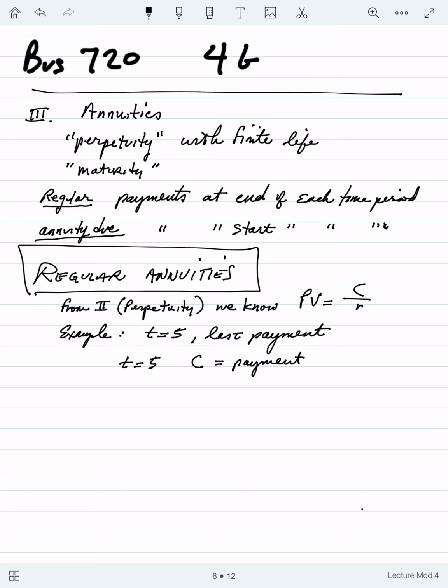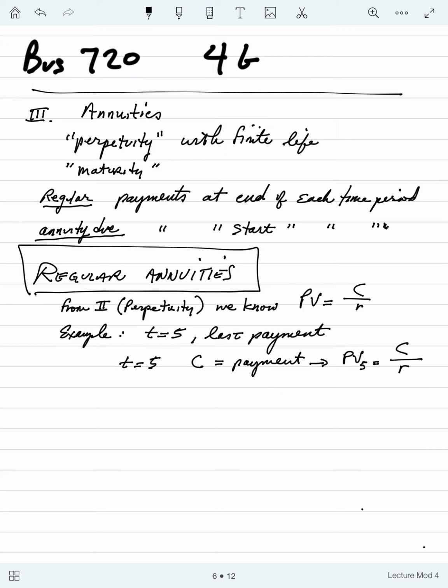What would be the present value at time period t equals 5 of remaining payments if the annuity continued without ever ending, if it was a perpetuity? The present value in the 5th time period would be C over R. It's like you're receiving C from the end of year 6 to infinity.